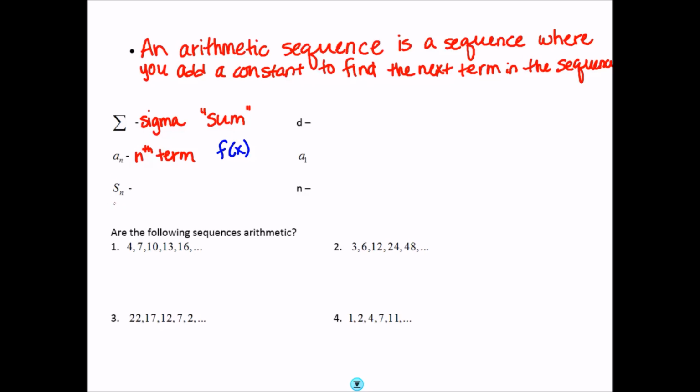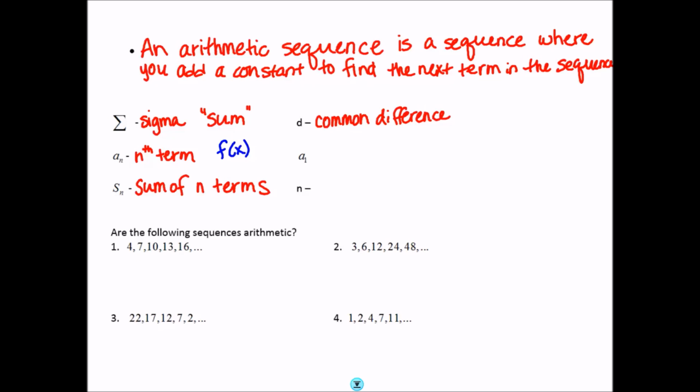S sub n is the sum of n terms. D is the common difference. That is the number that's being added to find the next term in the sequence.